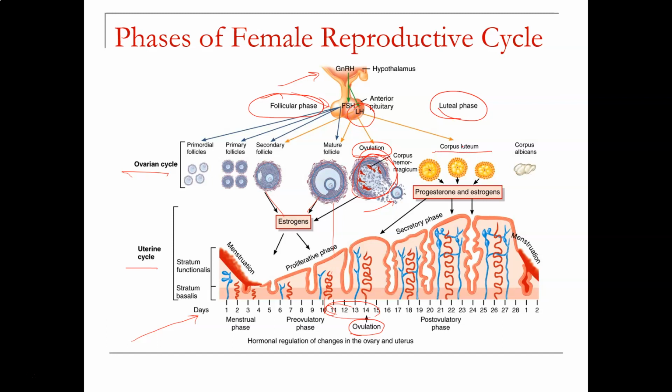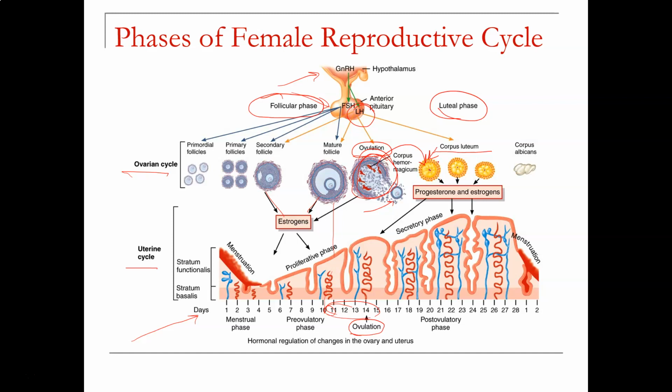Corpus means body and luteum means yellow body. Really the corpus luteum is the old Graafian follicle minus the egg and corona radiata. It is those cells transformed into the corpus luteum, and you have to have LH for this, luteinizing hormone. So let me say that again: luteinizing hormone, LH, transforms what's left of the Graafian follicle after ovulation into the corpus luteum.